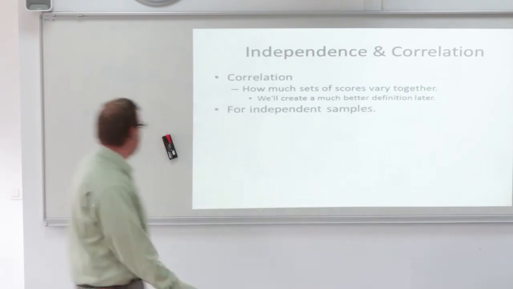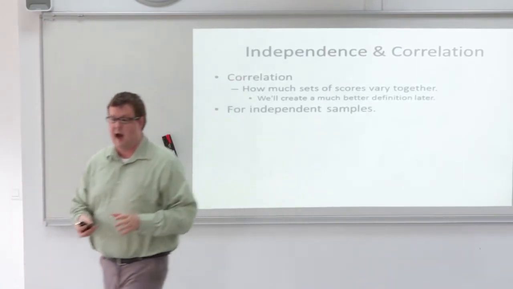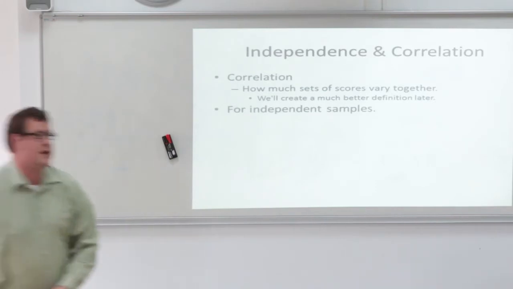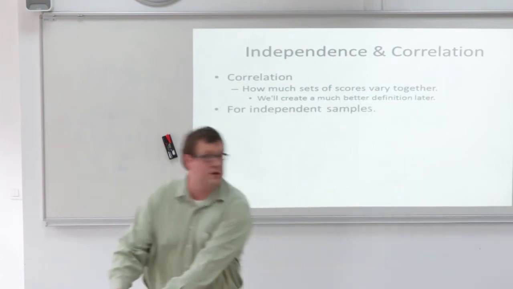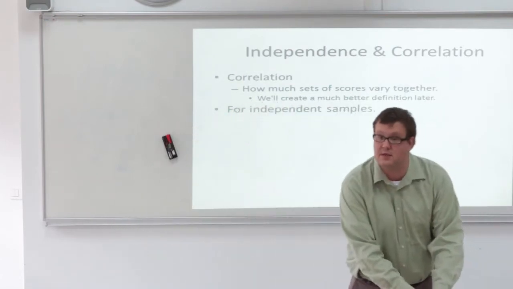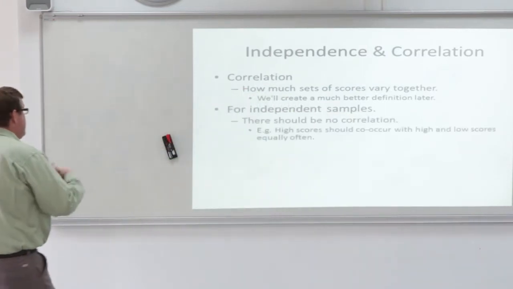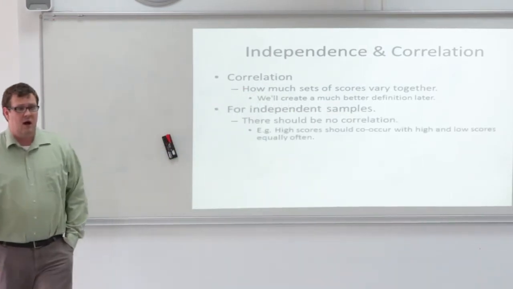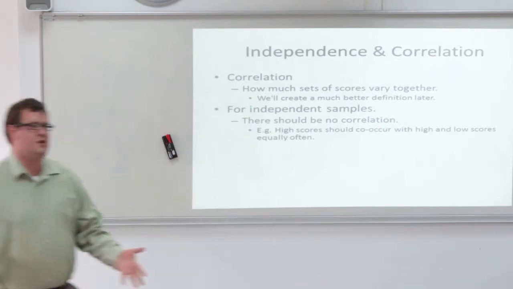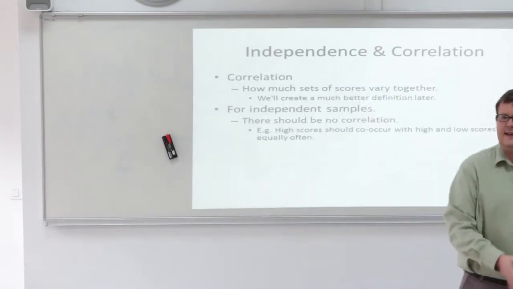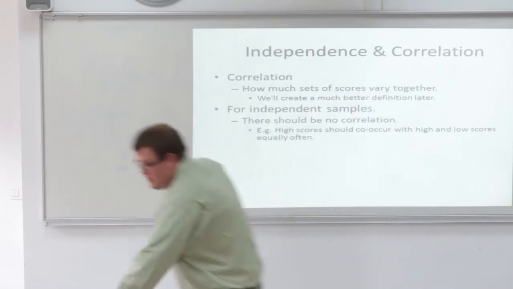So there shouldn't be much of a correlation. There shouldn't be much of a relationship between how the first person performs in the first sample and how the first person performs in the second sample, or how the second person performs in the first and the second person performs in the second. Does that make sense? So for independent samples, there should be no correlation. High scores for our fourth person should be just as likely to occur with a high score in our second sample's fourth person as with a low score.